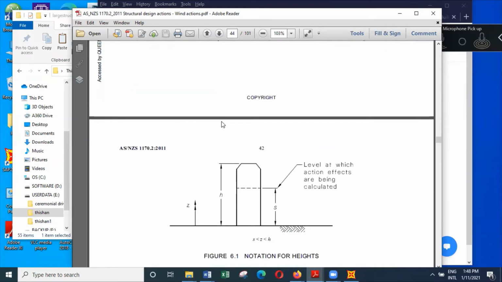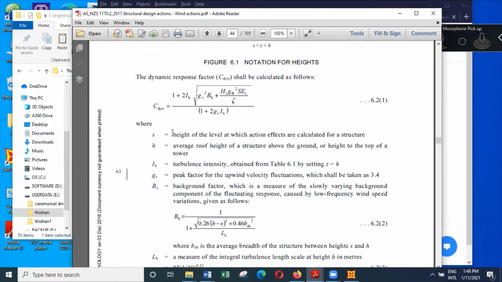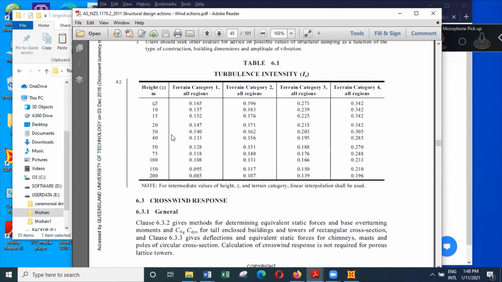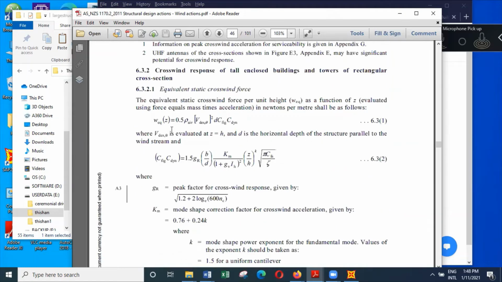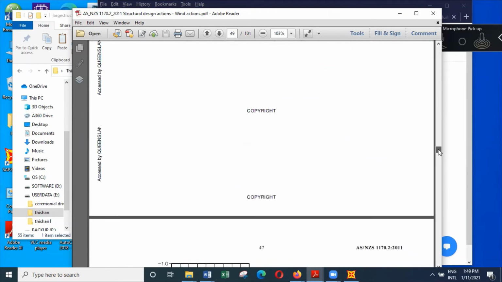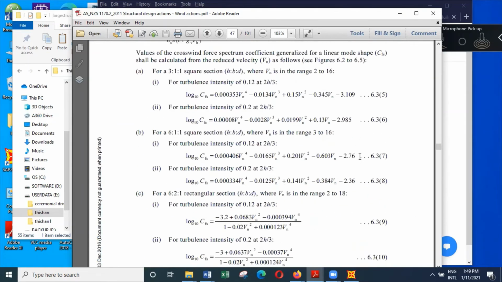And then on the along-wind response, the equation is given for C dynamic. There are a few factors to be calculated. And then it gives equations for crosswind response, and there are a few equations to look for.